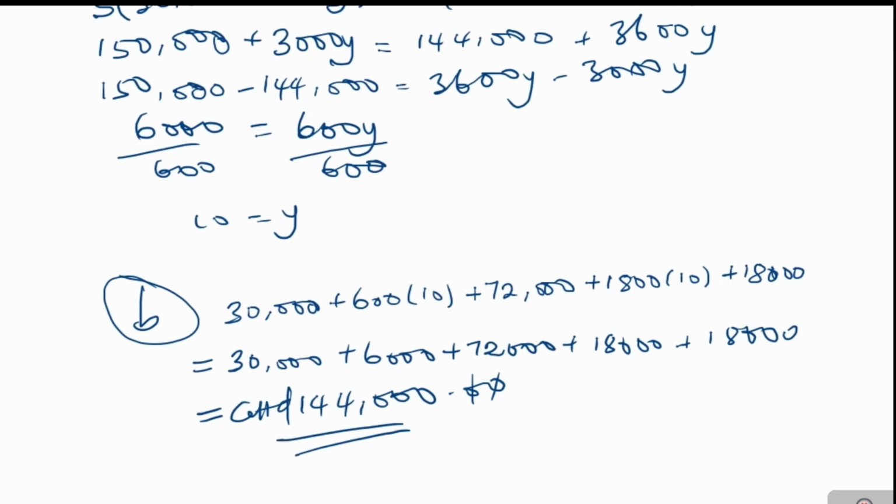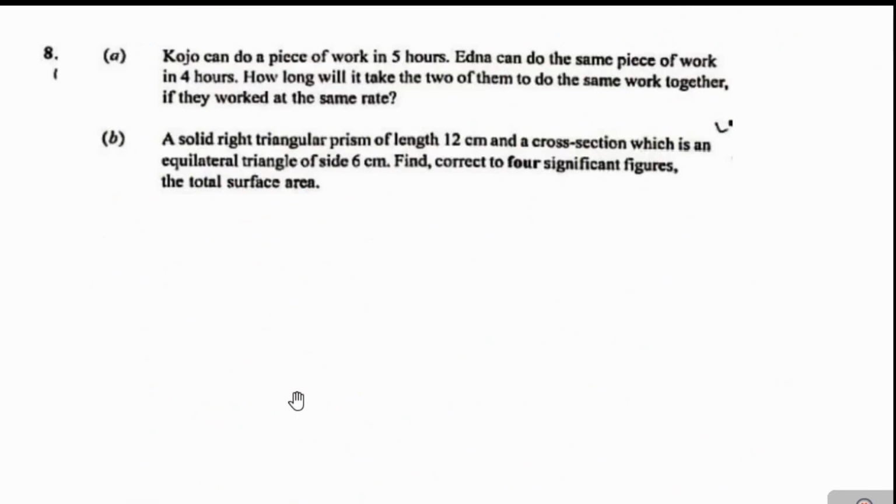Now let's move on straight to question 8. Question 8 actually has two different questions. And the A part says, Kojo can do a piece of work in 5 hours. Edna can do the same piece of work in 4 hours. How long will it take the two of them to do the same work together if they worked at the same rate?